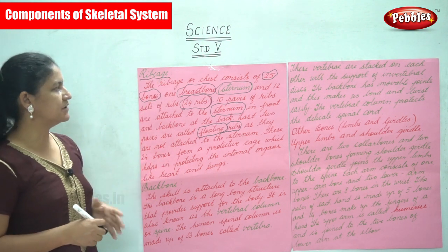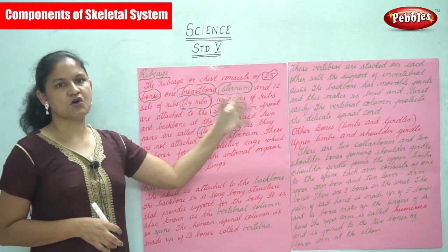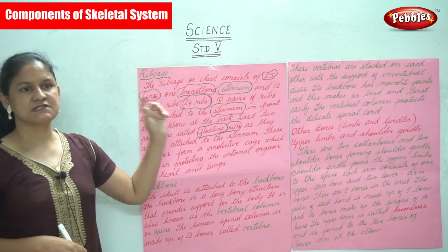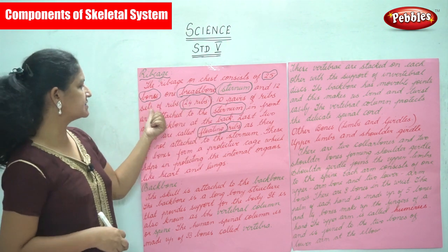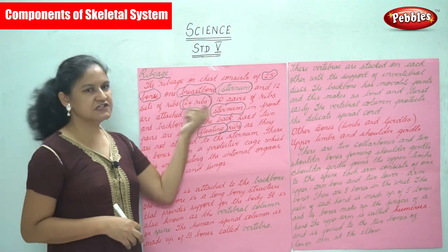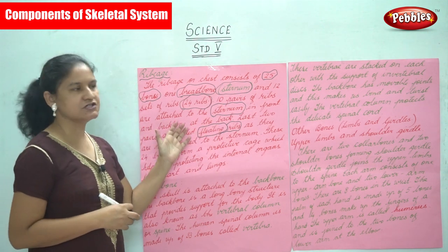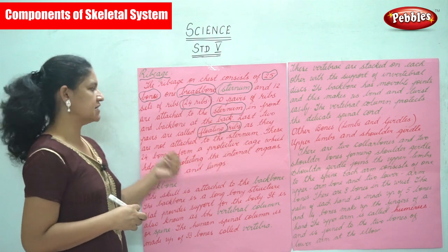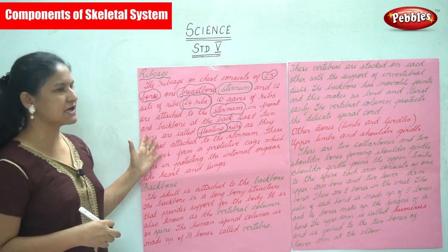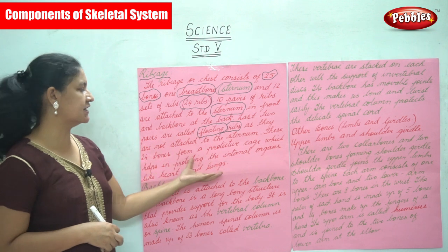So talking about the rib cage, we see that the rib cage or the chest consists of 25 bones, that is one breastbone, sternum, and 12 sets of ribs, that is 24 ribs. Out of these 24 ribs, 10 pairs are attached to the sternum in front and the backbone at the back, and the last two pairs are called floating ribs as they are not attached to the sternum.